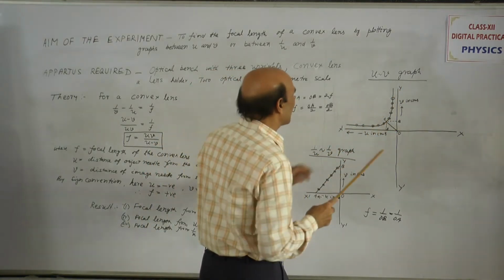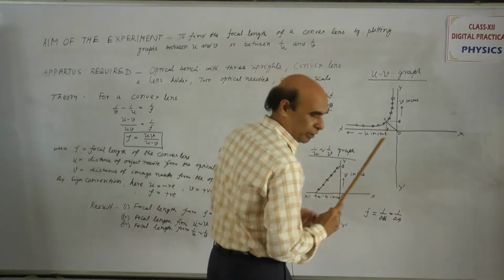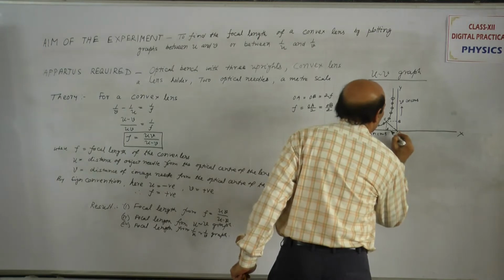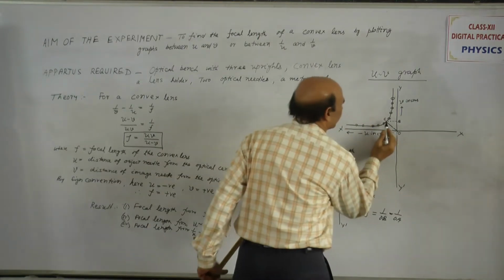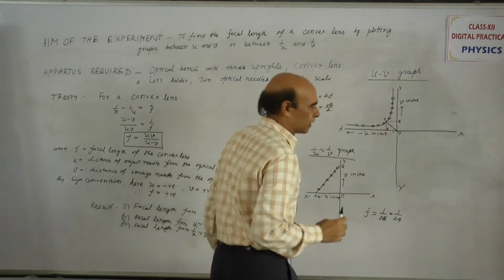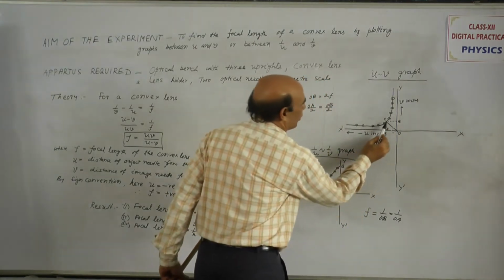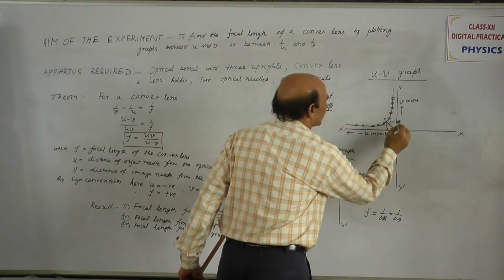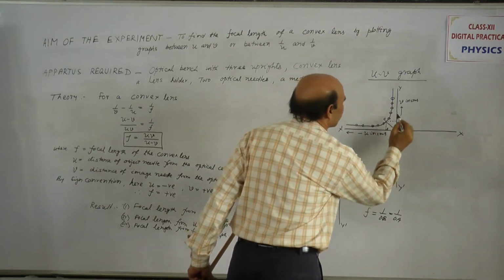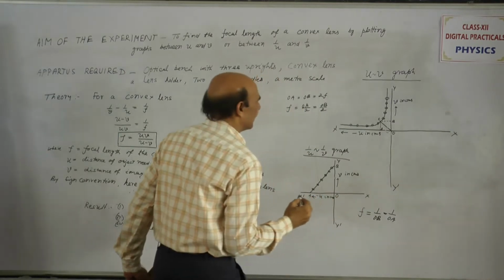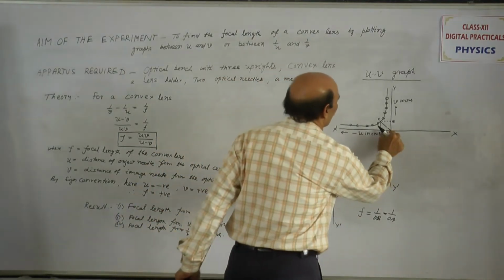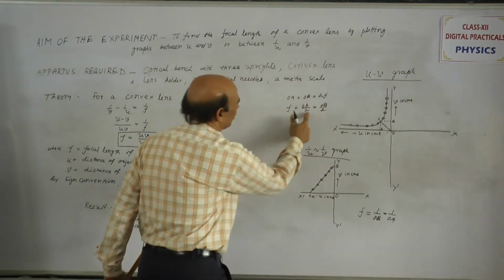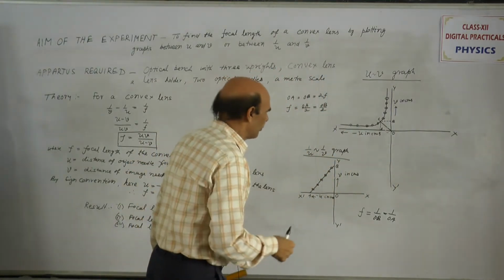If you draw a 45-degree line, it will cut this graph at the point C. Then draw perpendiculars from C, CA and CB, to the x-axis and y-axis respectively. Then OA will be equal to OB, equal to 2f, or f equals OA by 2 or OB by 2.